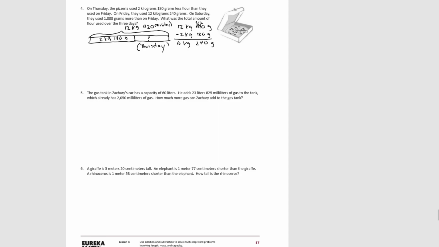And then on Saturday, they used 1,888 grams more than on Friday. So we know what they used on Friday. 12 kilograms, 420 grams, plus the extra they used on Saturday. Added together will give us Saturday.